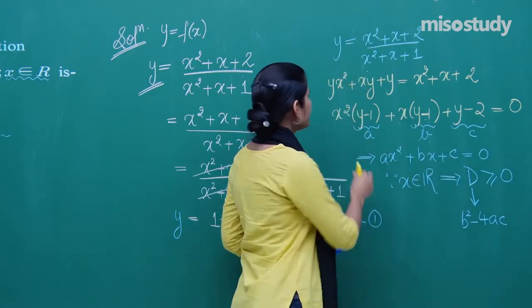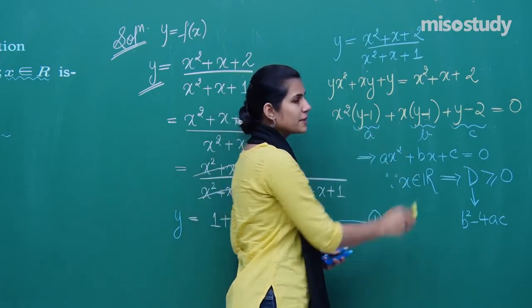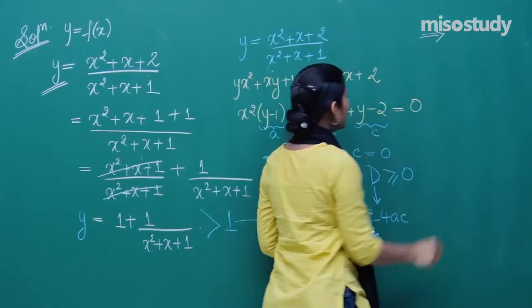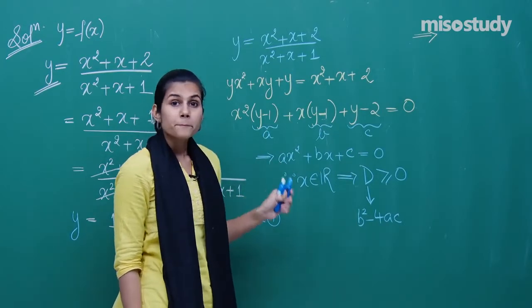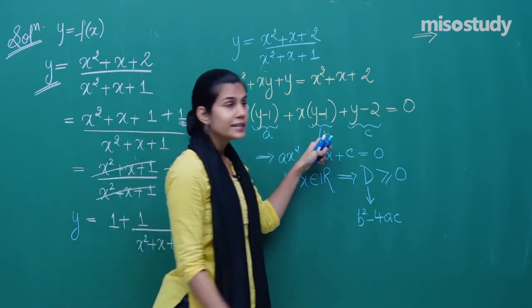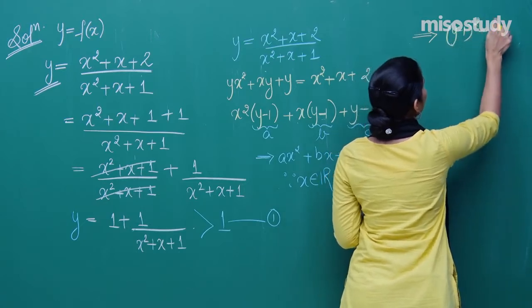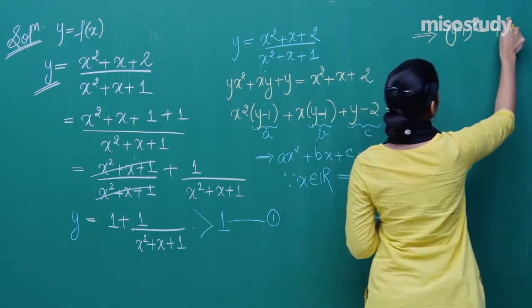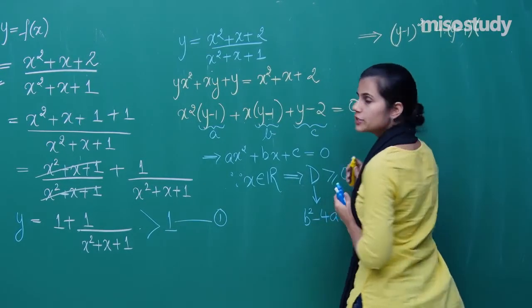And therefore, if I have this expression equal to 0, where x is coming from real numbers, this implies the discriminant of this quadratic equation is non-negative, which means b square. So take (y minus 1) whole square minus 4 into a, which is again y minus 1, into c, which is y minus 2.